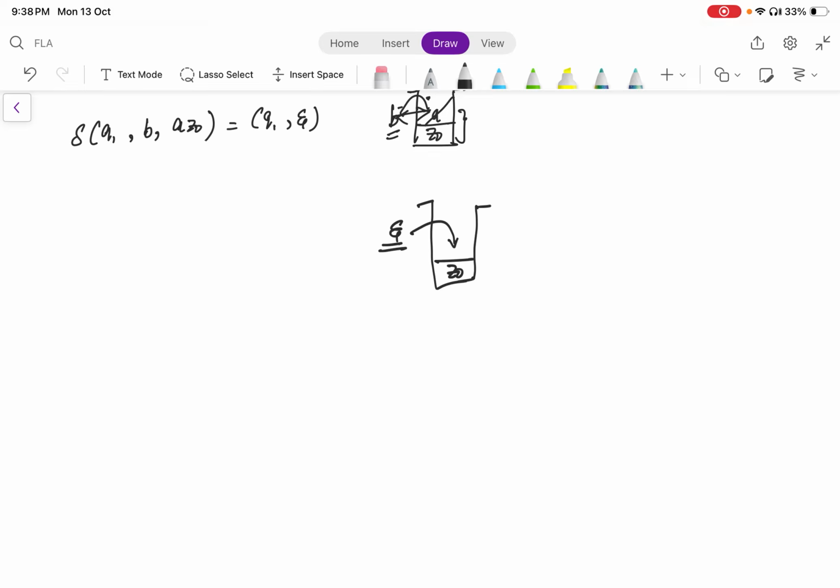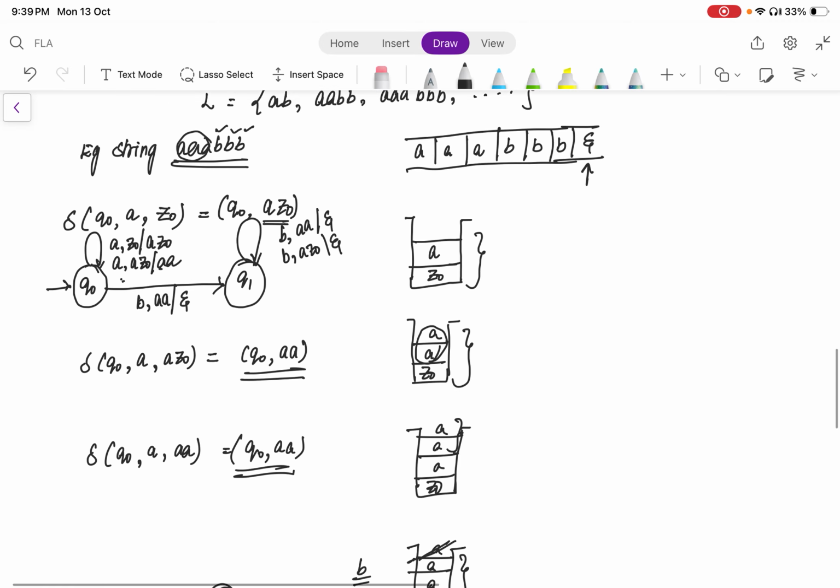So when the epsilon comes, you pop Z0. So the transition is delta of q1, your state, input is epsilon, stack status is Z0. Epsilon is a different symbol, it is not b, so you change the state to q2, comma, you're popping, that's why epsilon.